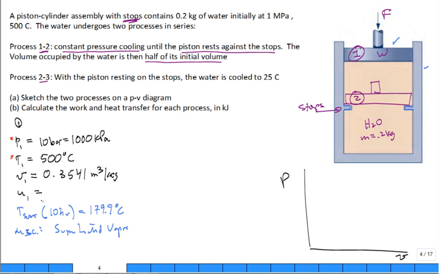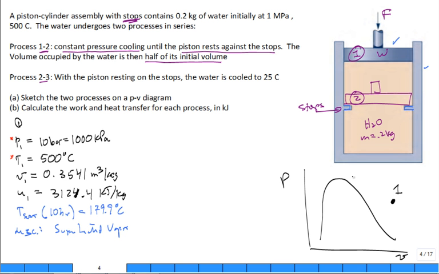And U1? 3,124.4 kilojoules per kilogram. Okay, so there is state 1 somewhere out there.